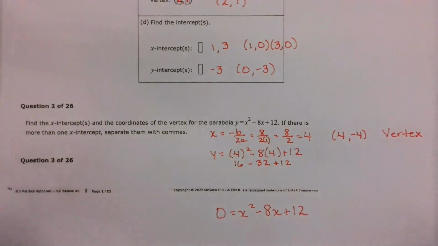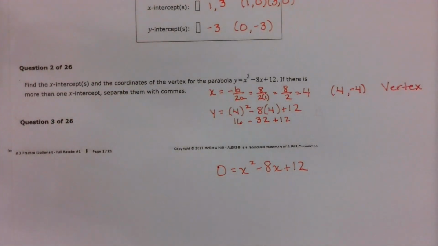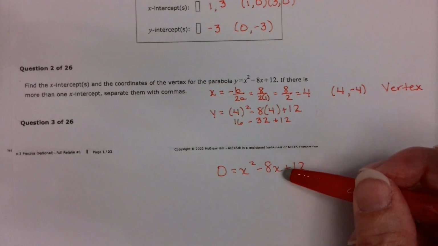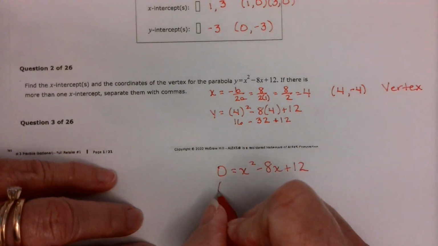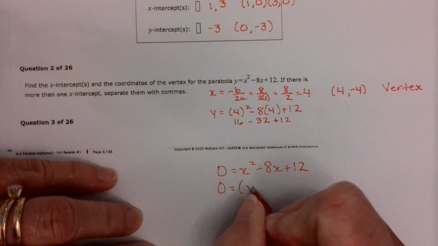Now you're just solving a quadratic. You can use square root property if it didn't have the middle term, but it does, so you can't do that. So you can factor. That's the first thing I'm going to look for, and it will factor. You could also complete the square or use quadratic formula, but factoring is easier.